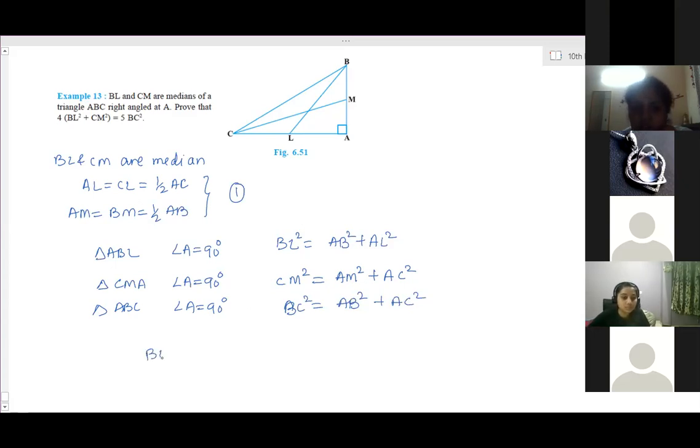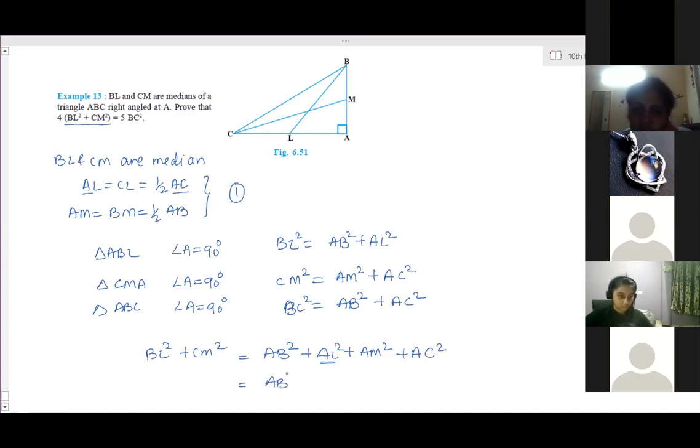Now adding BL square plus CM square, because we need here BL square plus CM square. So we'll start adding them. We will get AB square plus AL square plus AM square plus AC square. Now we can substitute AL as half of AC.